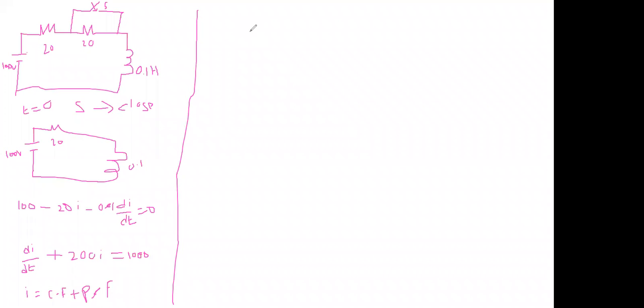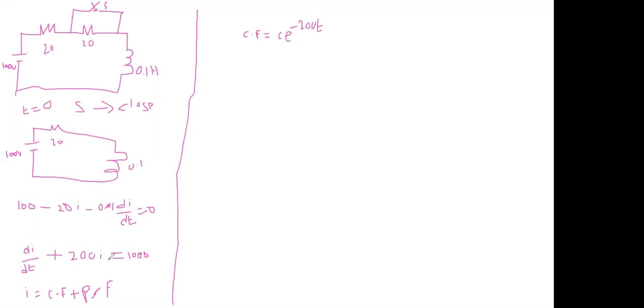First, the complementary function CF: here di by dt plus 200 i, so D plus 200, and CF equal to c e power minus 200t, where c is a constant. This is the complementary function. Next, I will go for the particular function.